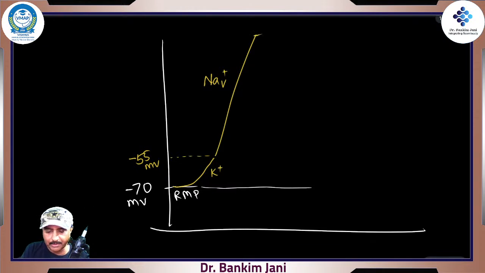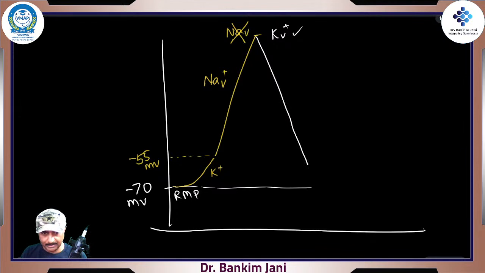At this junction, the sodium channels close, and the voltage gated potassium channels open. They lead to repolarization, so much so that there is hyperpolarization, and then it comes back to normal. We have already talked about this.